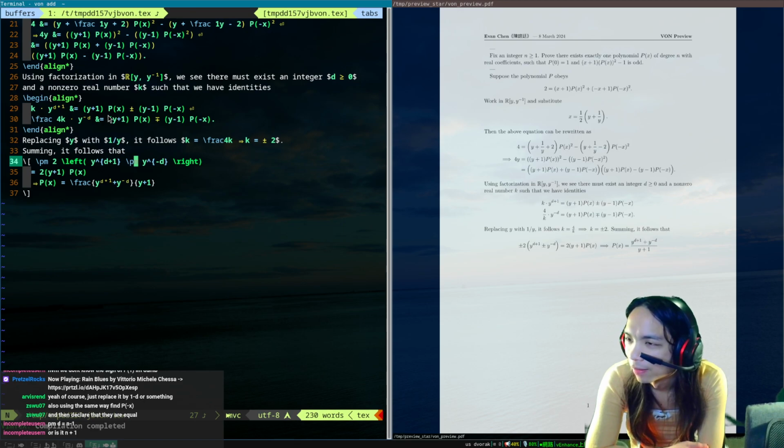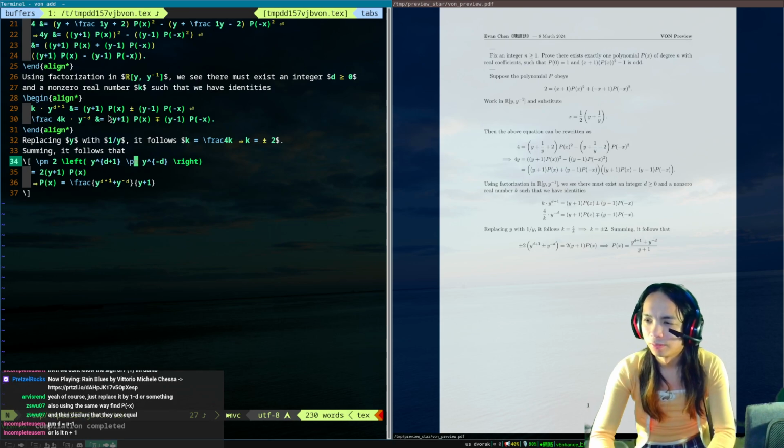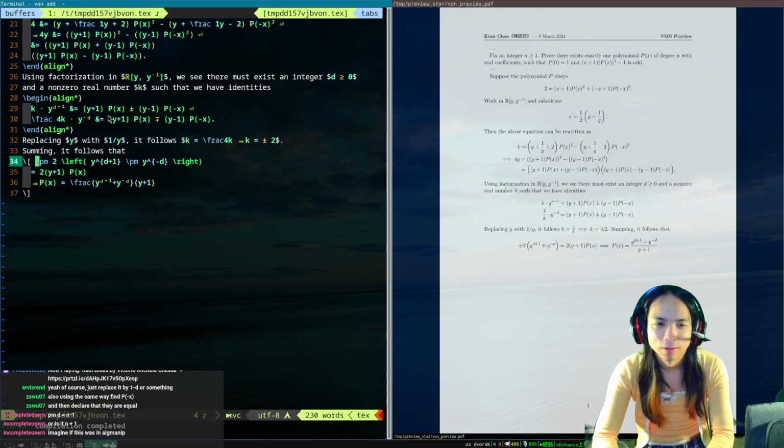Minus x. No. Oh, the plus minus signs on the right hand side cancel out, so that part doesn't matter.